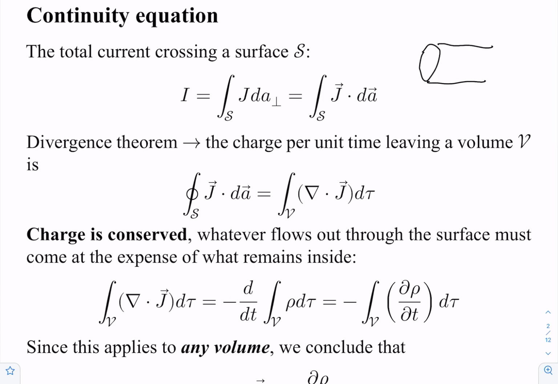Here we can consider a volume of wire with volume current J, and now if we impose the divergence theorem on the two ends of this wire, we can see that J dotted with these two areas, one entering the volume, another leaving the volume, is equal to the integral of del dot J. Using the divergence theorem, we can convert this surface integral to a volume integral.